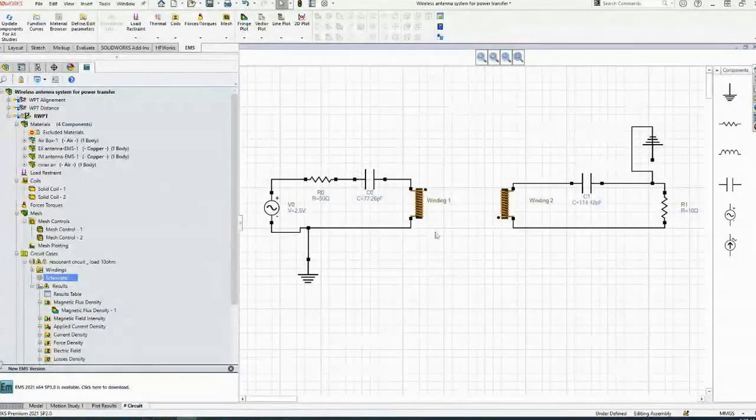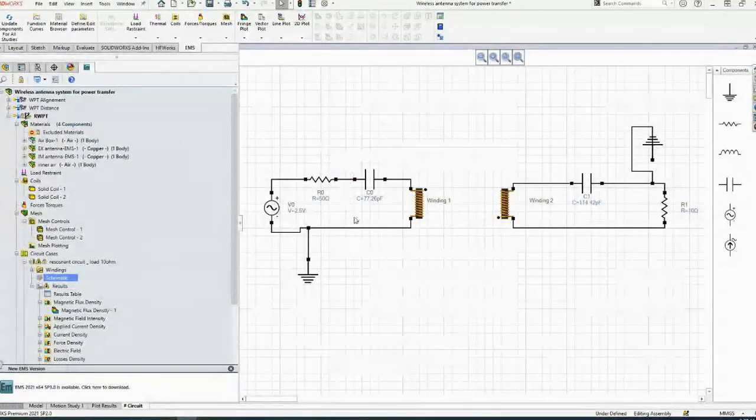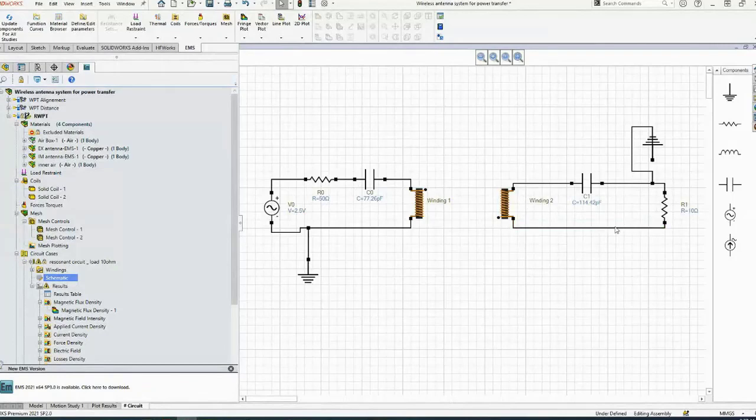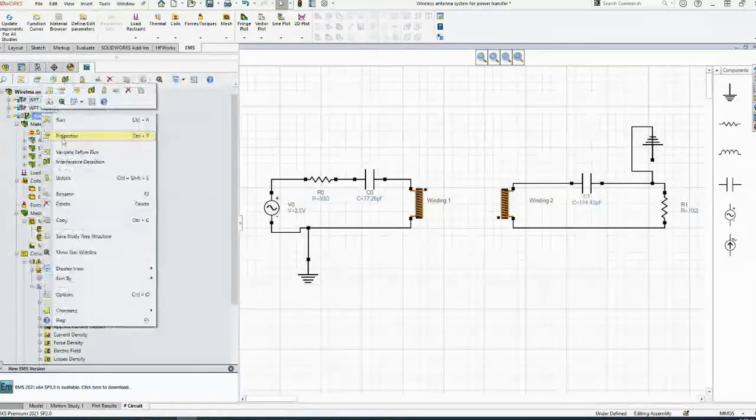Then they showed and proved that if you choose a frequency equal to the resonant frequency of your individual circuit, and it has to be the same resonant frequency for both, you have to tune it until you achieve resonant frequency. You actually achieve much better efficiency, as the slide shown by Amar earlier. In EMS, that is done very simply.